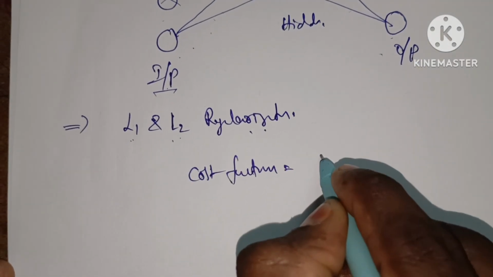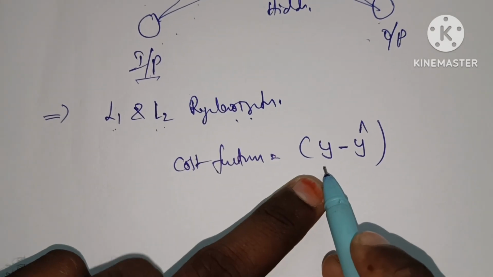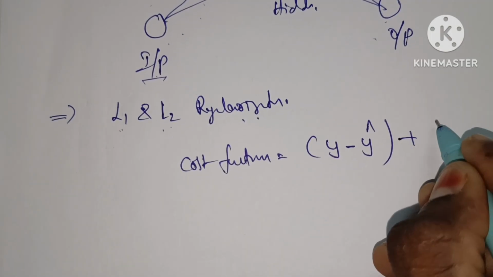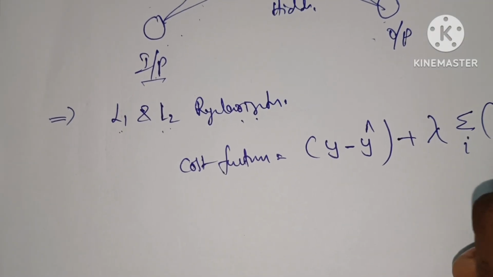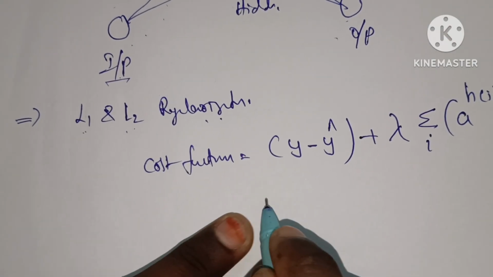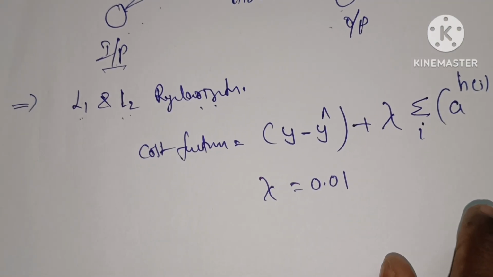Then the cost function equals y minus y hat, where y is the expected output and y hat the actual output, plus lambda sigma of i, a of h of i. Here lambda, for example 0.01, is the changing value.